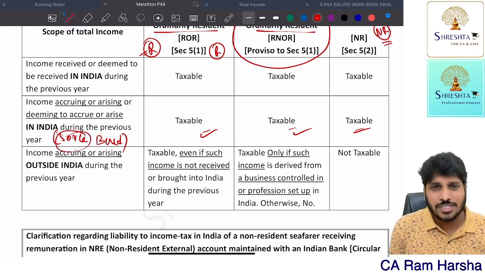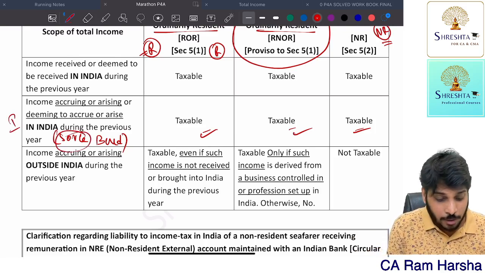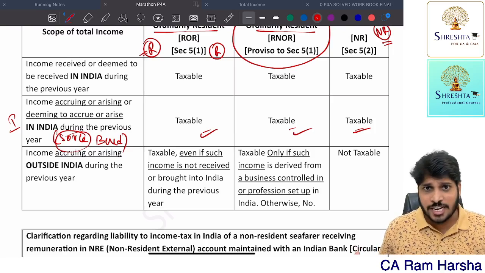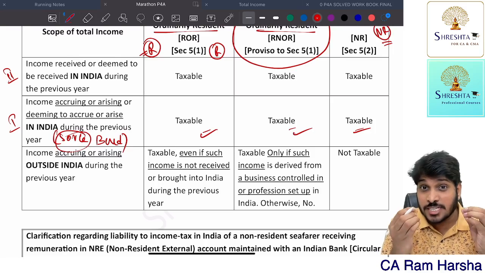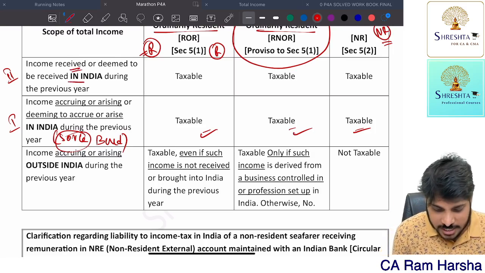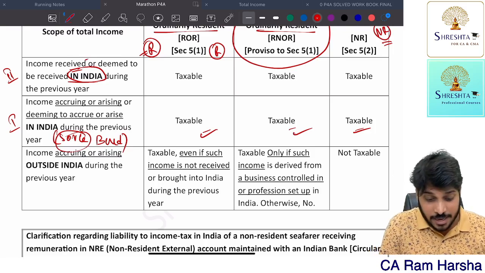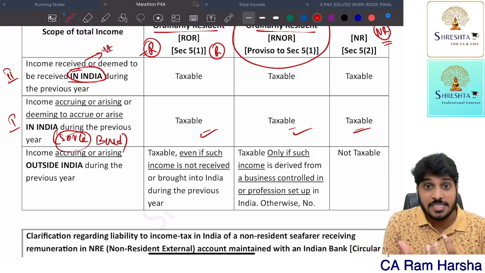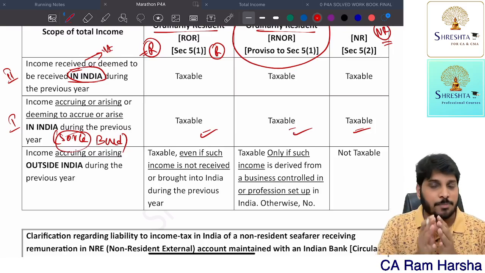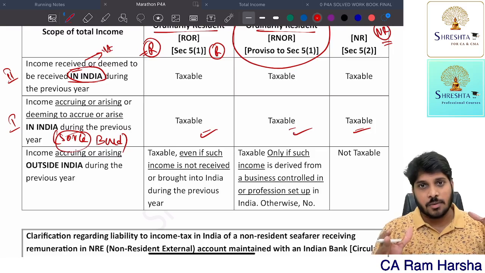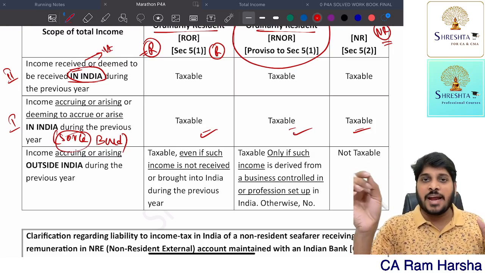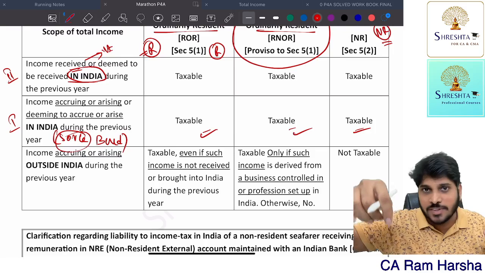Suppose the source is not in India. First, you apply the source rule: the source is not in India. Second, apply the receipt rule: where did you receive it? Have you received that income in India? Received means the first time the income comes under your control. Suppose you are staying somewhere in London, you have a building in London, you rented that building to somebody, and the other person paid rent into the London bank account which you have.